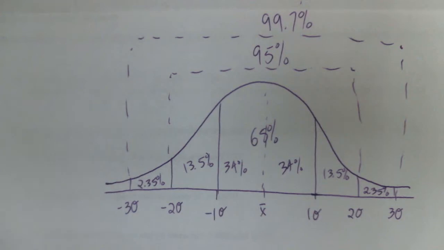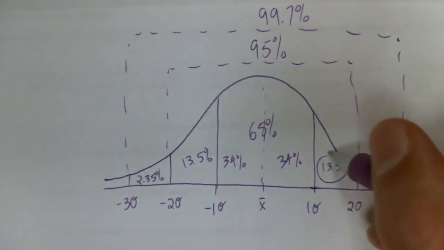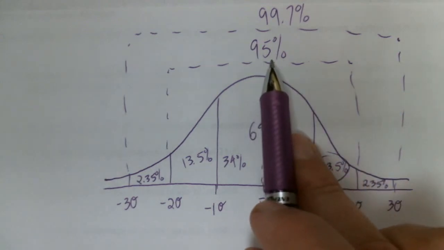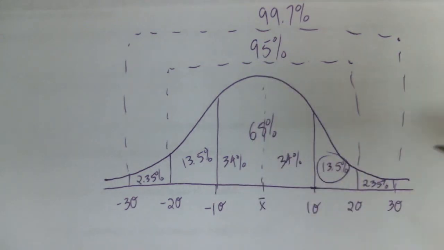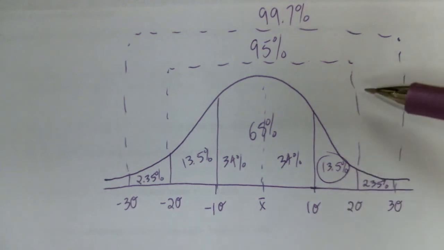You got to remember, guys, these percentages here, the 13.5% and this 19 and this 95%, these are approximate values. This is what we would anticipate, what we would expect if the data is normally distributed.